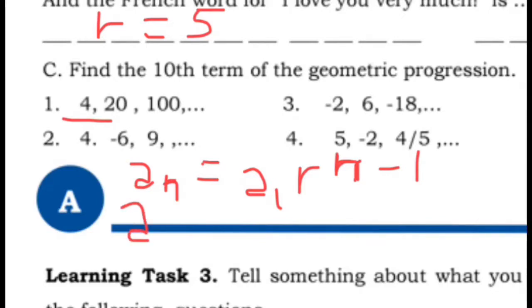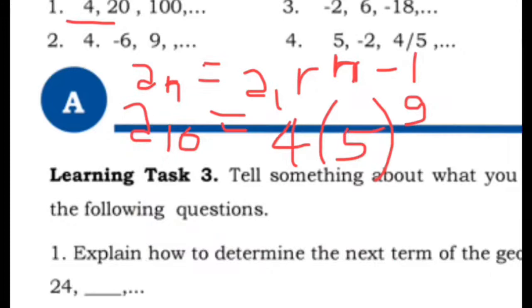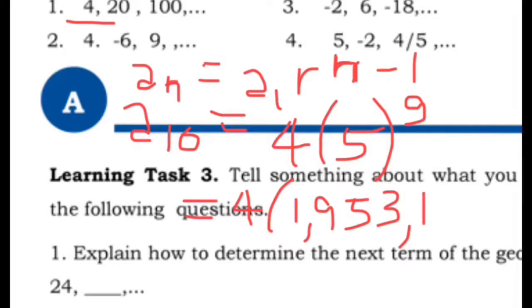Okay? Then, we're going to look for the 10th term. We're going to have A sub 10 equals A sub 1 is 4 times common ratio 5, so times 5 raised to the power of n minus 1, so 10 minus 1, that will be 9. Okay, then 5 to the power of 9 is equal to 1 million, 953,125, so this will be 4 times 1,953,125.